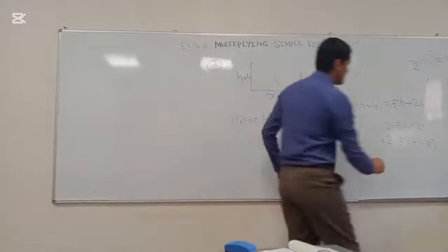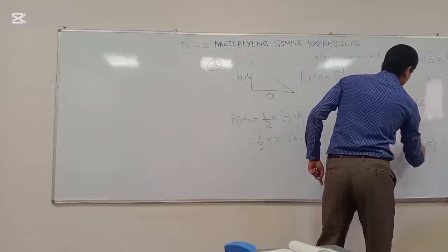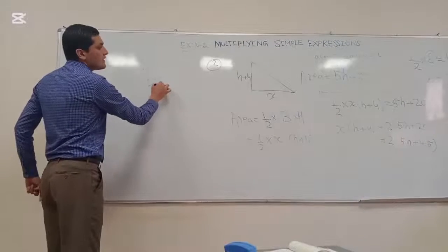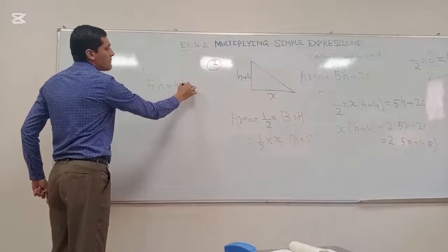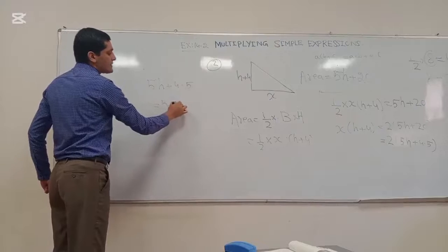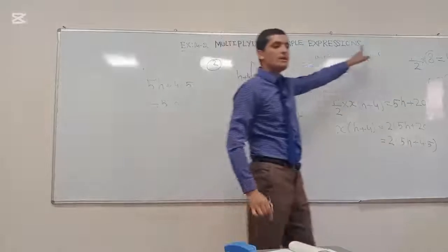Now look here, 5h plus 4 multiplied by 5, I can write it as 5 multiplied by h plus 4, because of this a into b plus c, which we have.